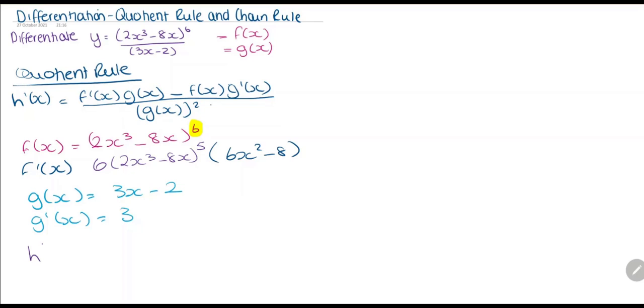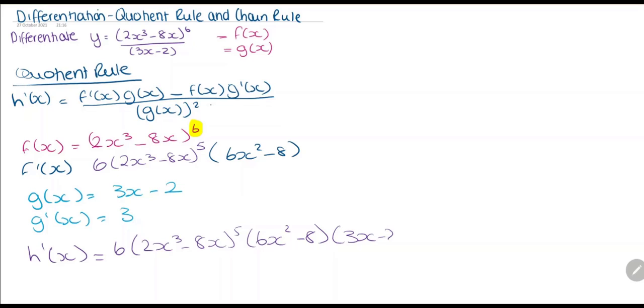So our derivative of h is going to be the derivative of f. So we have 6 times (2x cubed minus 8x) to the power 5, multiplied by 6x squared minus 8, multiplied by g of x, which is 3x minus 2.